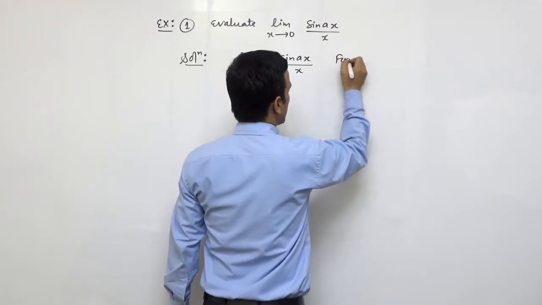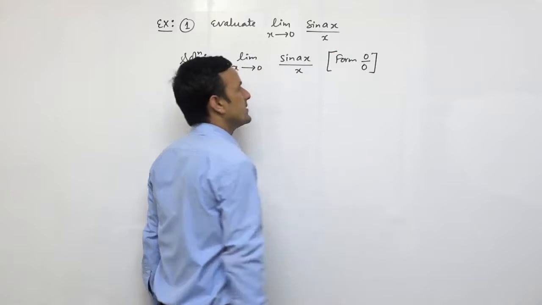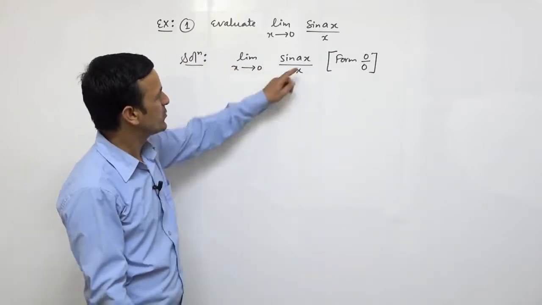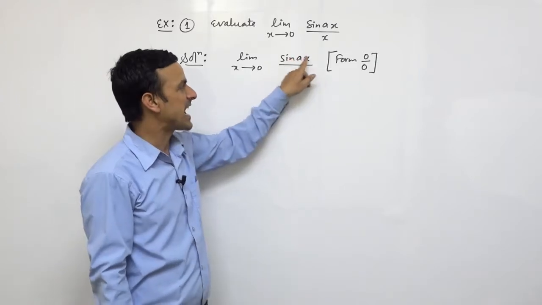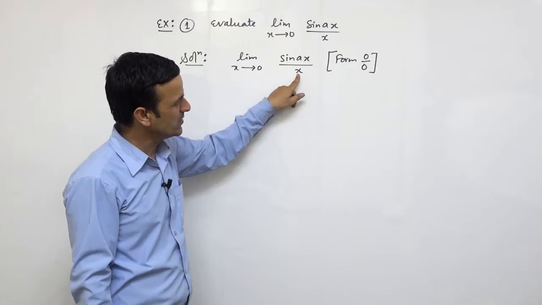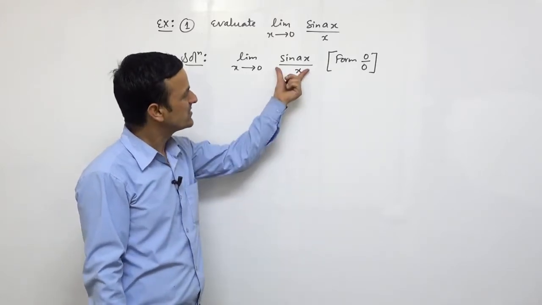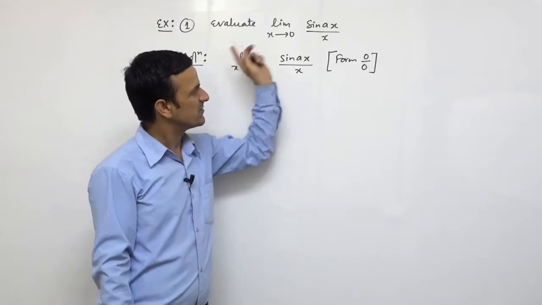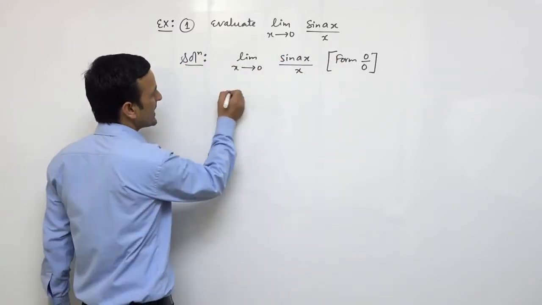First of all, write down that it will be the form of 0/0. When we put the value of x here and here, then it will be sin 0, which of course is 0, and here is also 0. So this is an indeterminate form.